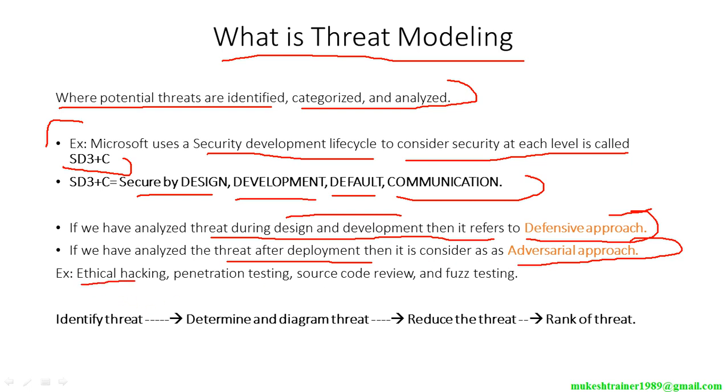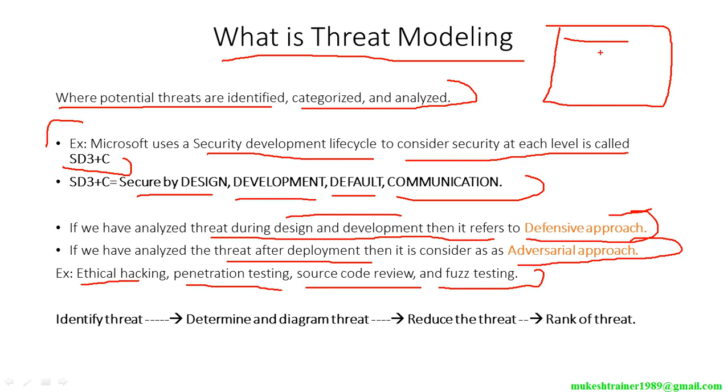For example, ethical hacking, penetration testing, source code review and fuzz testing will help you find that the threat is there. Like penetrating, for example, this is our website, www.abc.com.